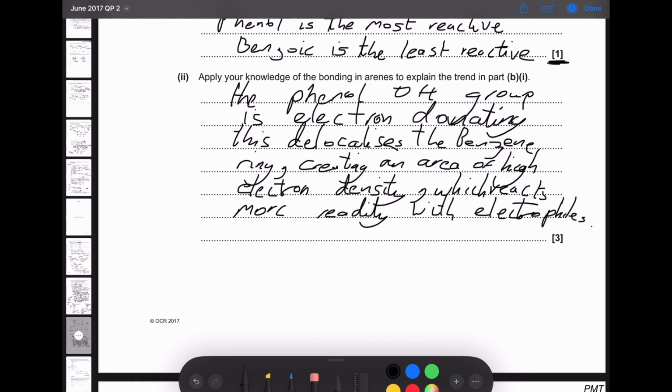Okay, and then you've got to flip that on its head. The benzoic acid COOH group is electron withdrawing.